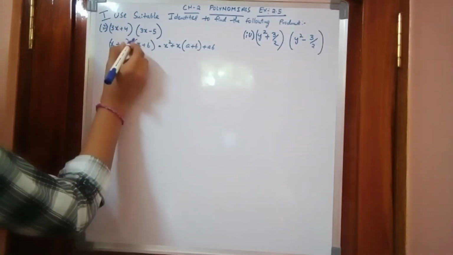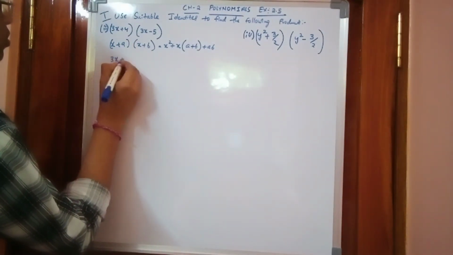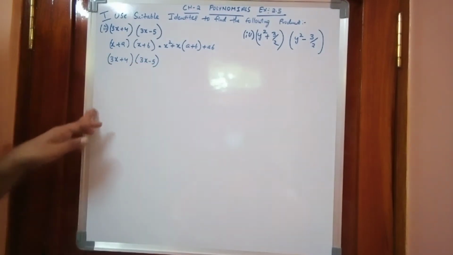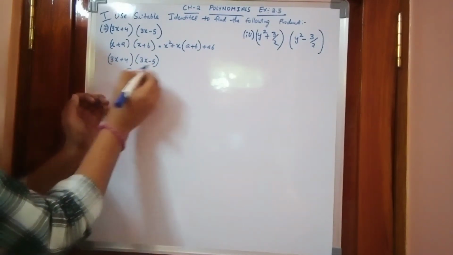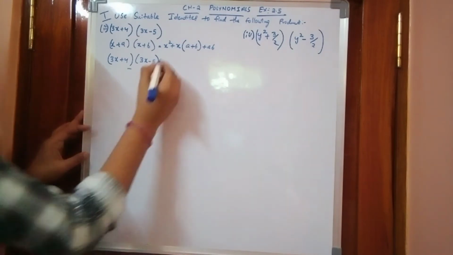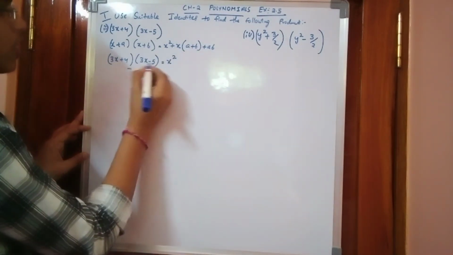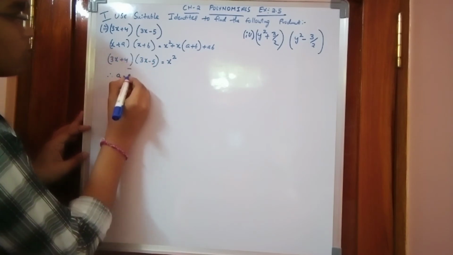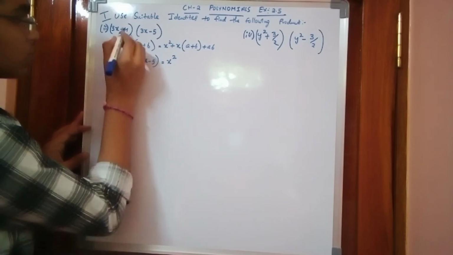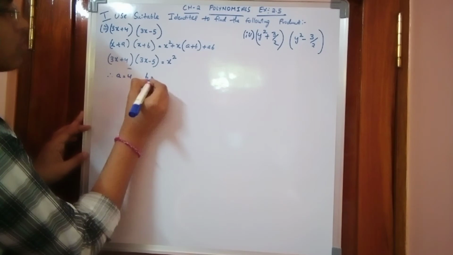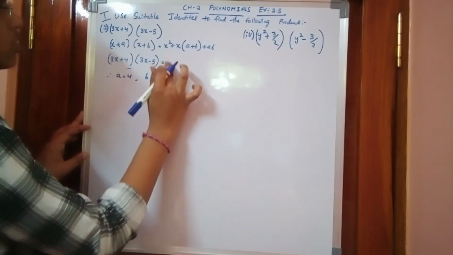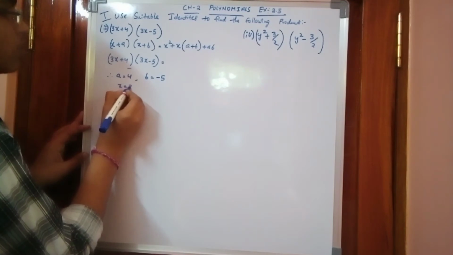So substituting 3x plus 4 and 3x minus 5 in this form, where a is equal to 4 and b is equal to minus 5, and x is equal to 3x.